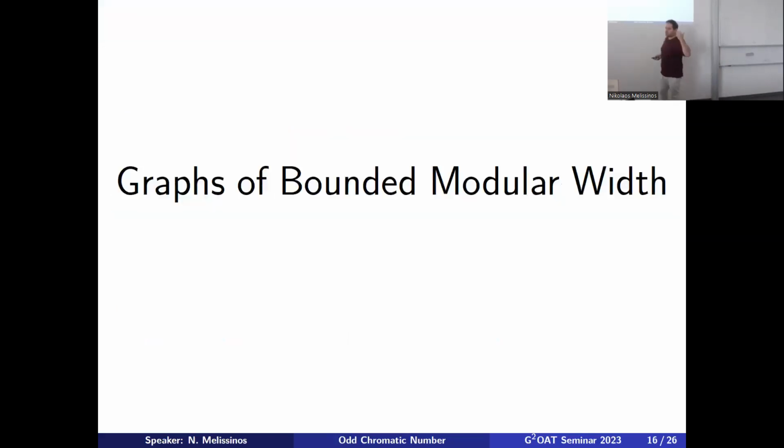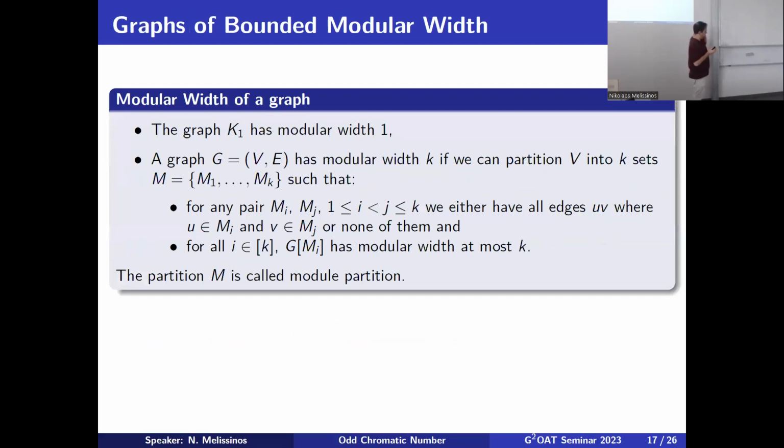Okay, so then we considered graphs of bounded modular width. And let's discuss a bit what exactly the modular width of a graph is. It is defined as follows. If you have one vertex, this has modular width 1.